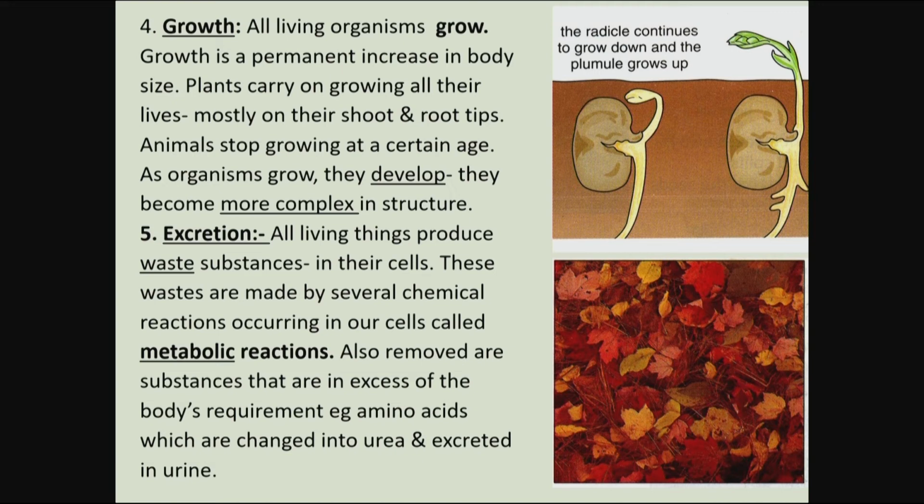However, amino acids, which we normally derive from the protein that we eat, cannot be stored in our body. When we eat proteins, we get amino acids, and some of them are used to make a lot of proteins in our body, and any excess amino acid must be removed.